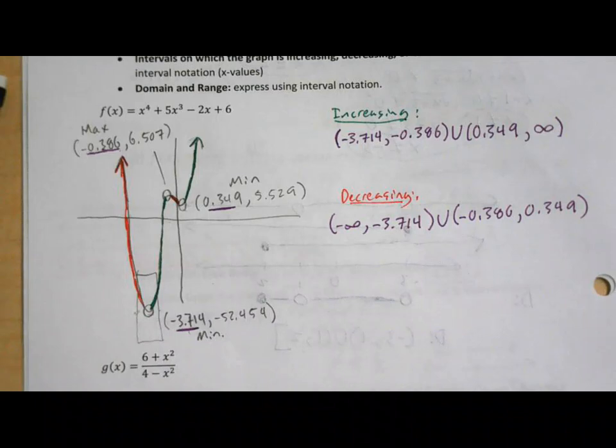If you use Desmos for this, I think you'll only be able to do 2 decimal places. That's fine for now. Are we good on increasing, decreasing?